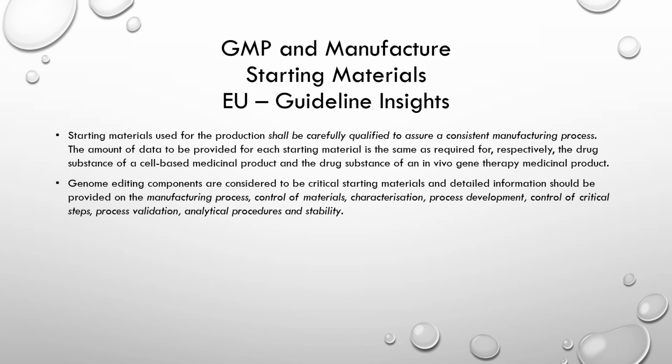And these are critical starting materials because the genome editing, or the gene editing, is what's responsible for giving the product its characteristics. So it is obvious, or intuitive, that this would be a critical starting material, because it has a direct relationship with the efficacy and the safety of these products.